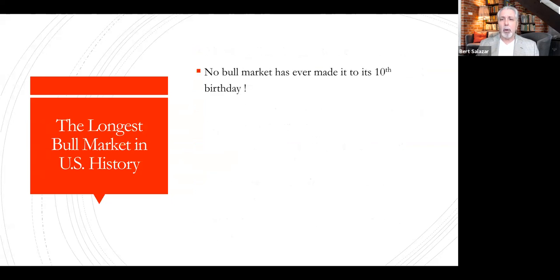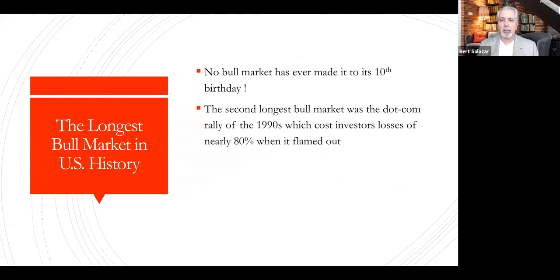So, when you take a look at the market, no bull market has ever made it to its 10th birthday. Obviously, in 2018 we came very close, but we did not make it. No market has ever made it to 10 straight years of positive returns.